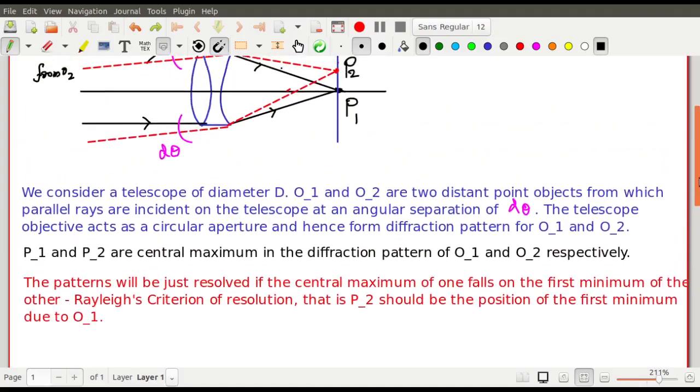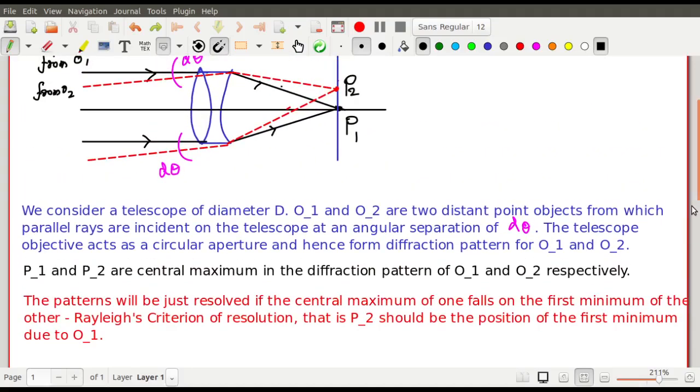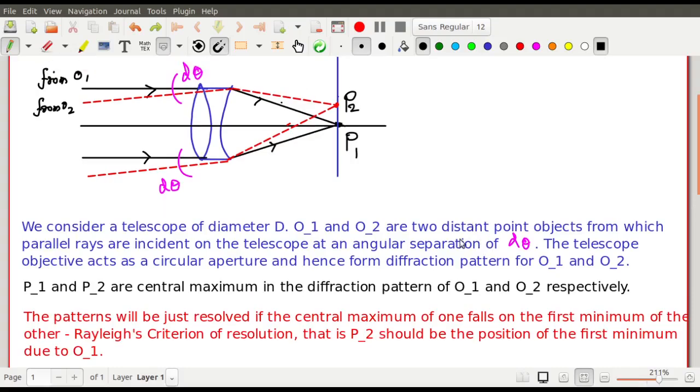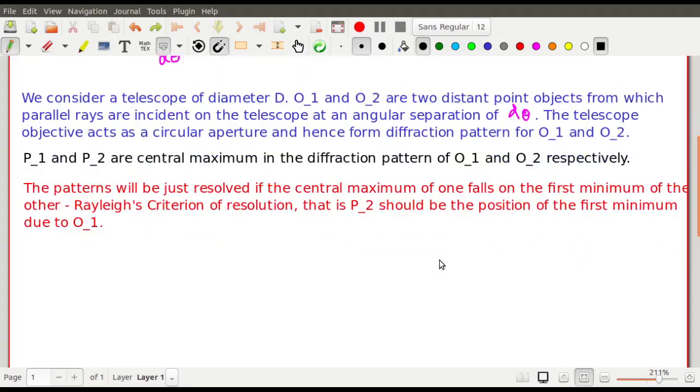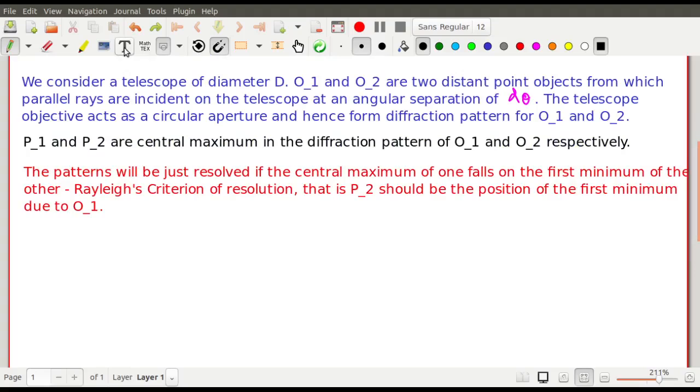Now what is the condition to get the first minimum in case of a circular aperture? Circular aperture এর ক্ষেত্রে ফার্স্ট মিনিমাম পাওয়ার কন্ডিশনটা কি? You know it. You have studied circular aperture.